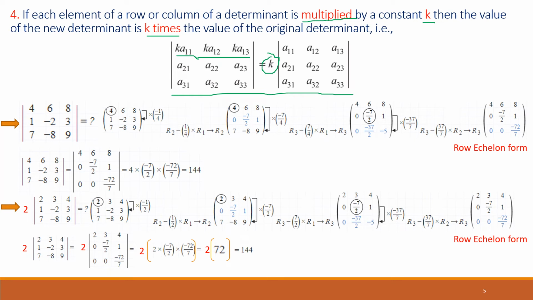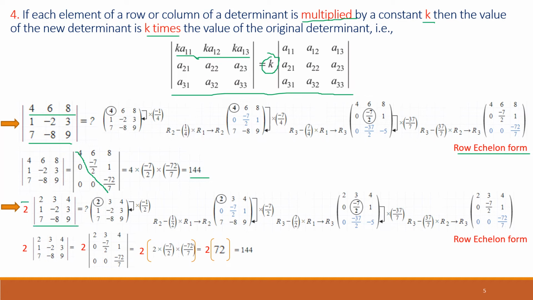For example, we have this 3 by 3 determinant and we want to find its value with the help of row echelon form. Its value, by multiplying all the elements of the diagonal, is equal to 144. Now we will take 2 as a common factor from the first row, and the new determinant would be like this.